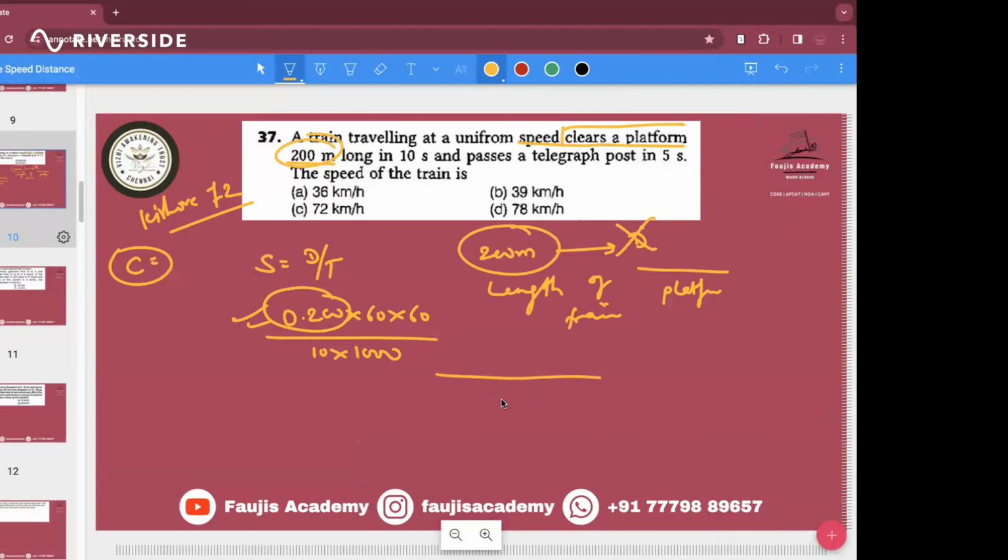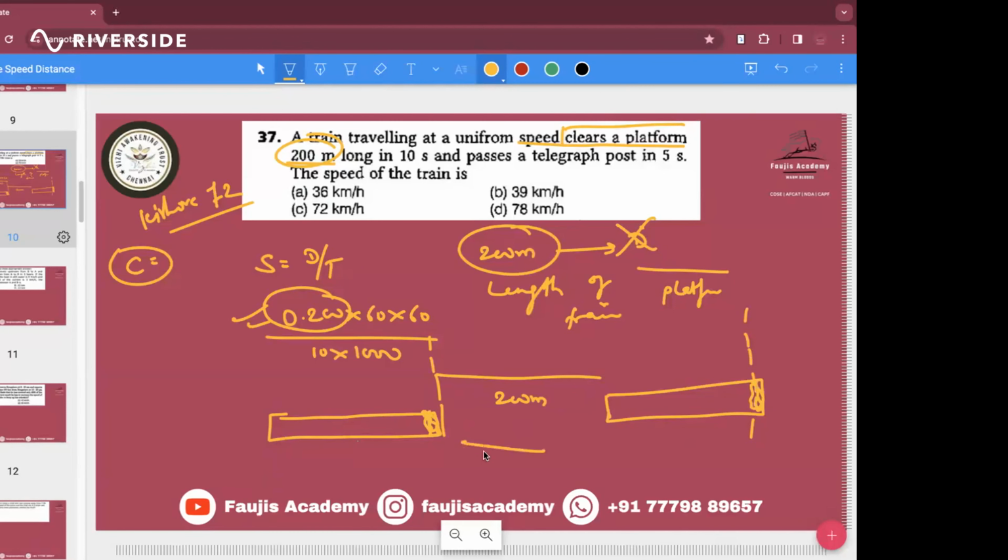If this platform is 200 meters long, when the train was here, let's say this is the front of the train, unless the train reaches here, this will be the total distance.